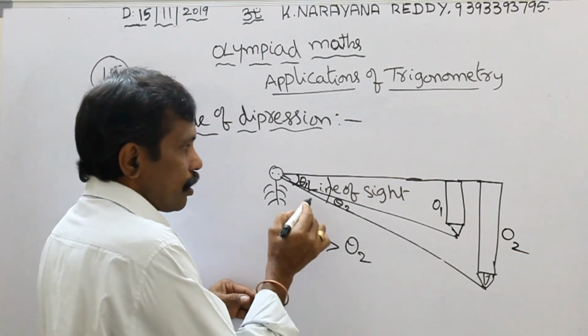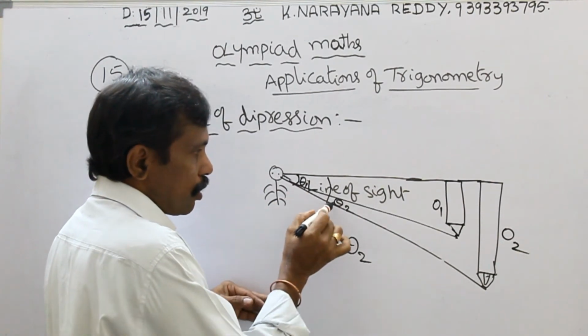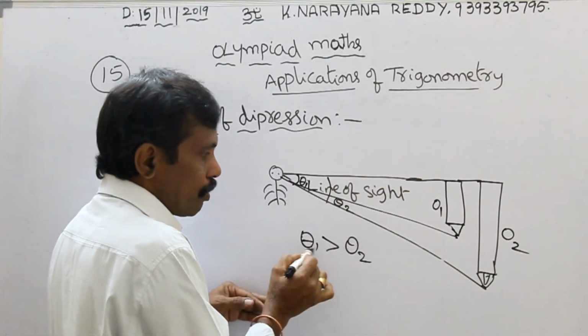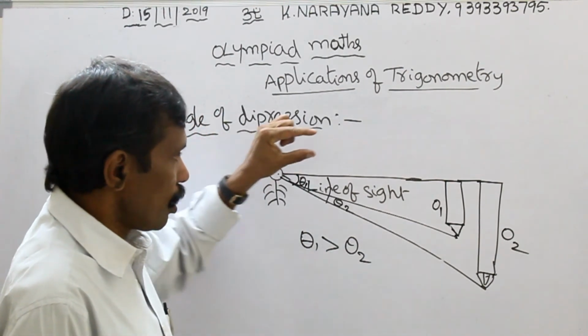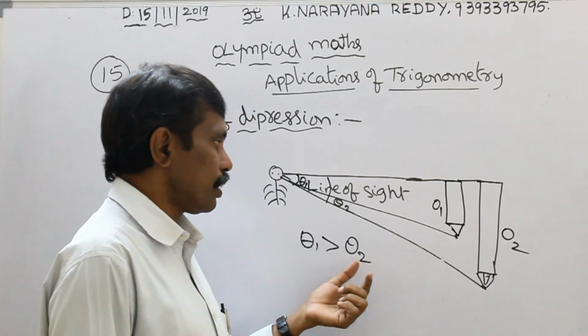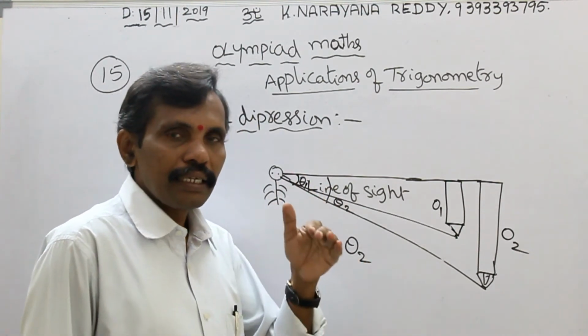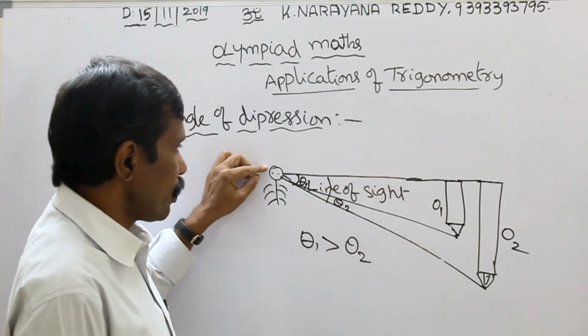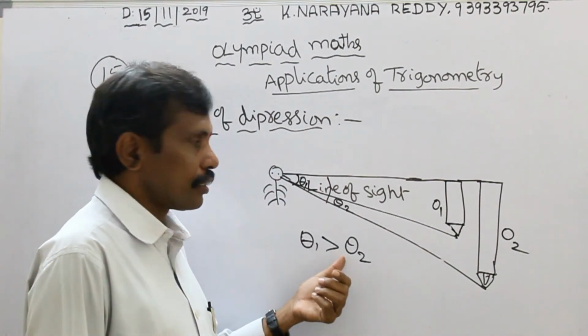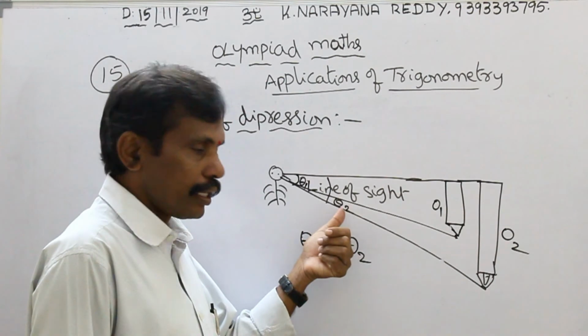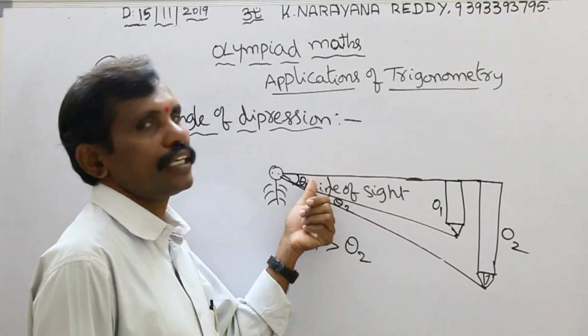So object 1 angle is theta 1 and observing object 2 the angle is theta 2. So theta 1 is greater than theta 2. Whenever the observer lowers the head more, the angle decreases. Observing by lowering his head more, the angle is decreasing. That is, theta 2 is decreasing compared to theta 1.